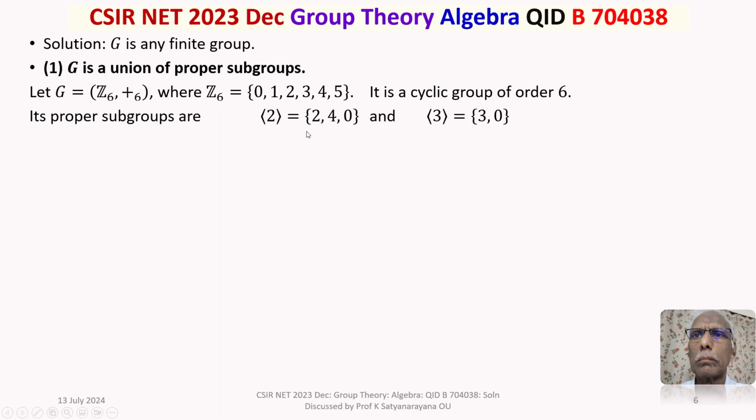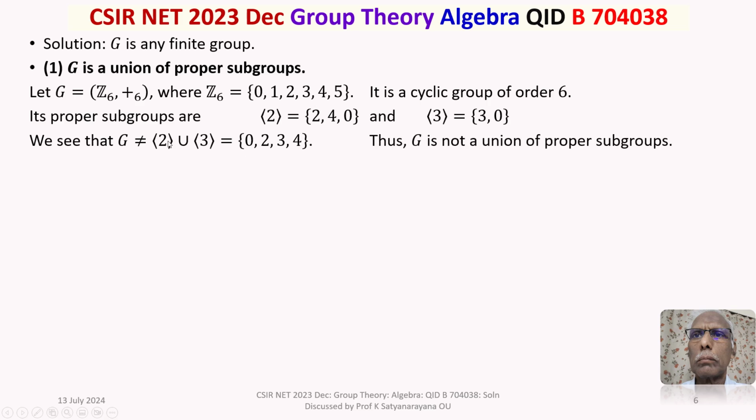If you take their union, the subgroup generated by 2 union the subgroup generated by 3 will give you only 0, 2, 3, 4. 1 and 5 it won't give you, and it is not equal to G. Thus, G is not a union of proper subgroups.